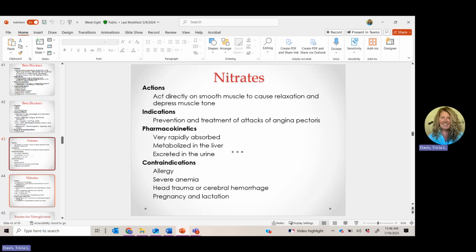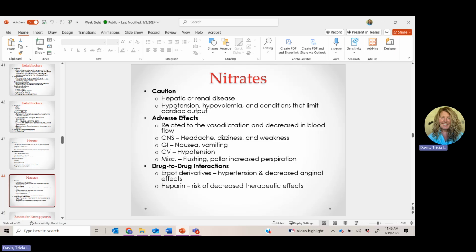Our nitrates work directly on the smooth muscle of the heart, causes them to relax and depresses the muscle tone. Again, prevention and treatment of attacks of angina. We have to be careful with patients that have had any type of cerebral hemorrhage because we don't want to thin the blood out. Careful with patients that already have low blood pressure, and hypovolemia, so low fluid volume inside the body, okay, because that's going to affect our cardiac output.